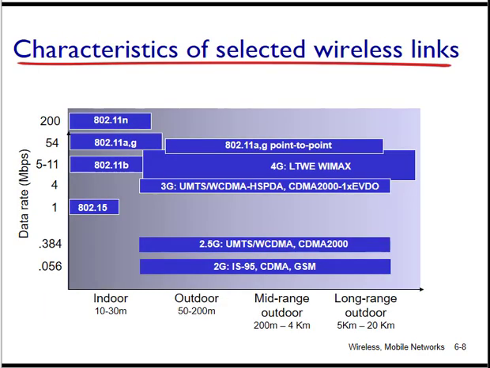Figure 6.2 shows two key characteristics, coverage area and link rate, of the more popular wireless network standards. The figure is only meant to provide a rough idea of these characteristics. For example, some of these types of networks are only now being deployed, and some link rates can increase or decrease beyond the values shown depending upon the distance, channel conditions, and the number of users in the wireless network.